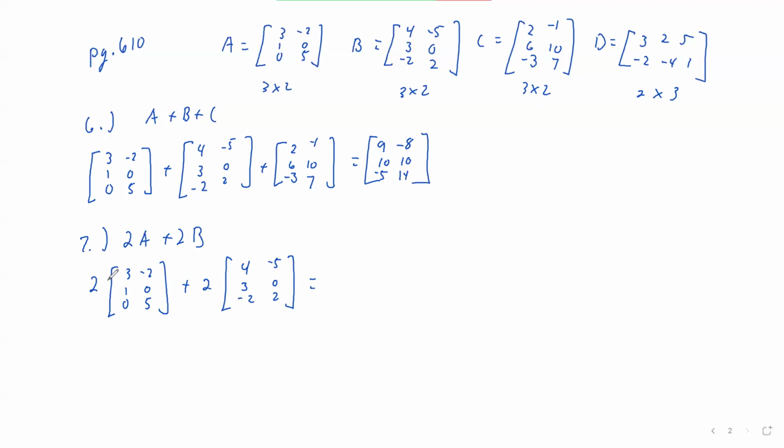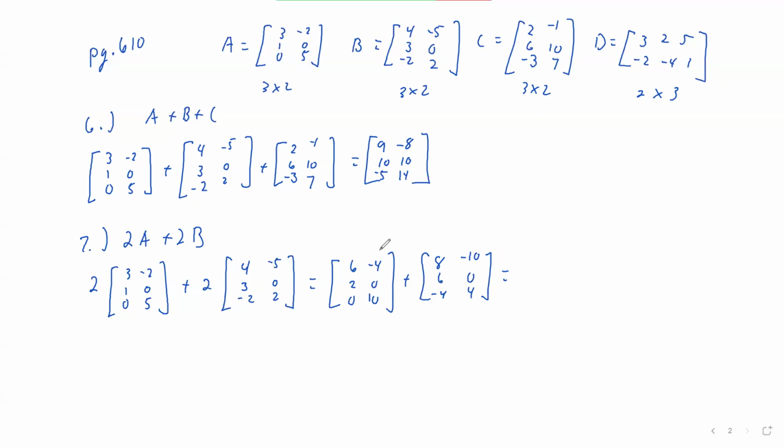So before I can add this, I have to distribute this out. So this will give me 6, 2, 0, -4, 0, 10. So notice the 2 went to each element, and then we'll do the same thing to the other one. 8, 6, -4, -10, 0, 4. Now I'm ready to add their corresponding elements.